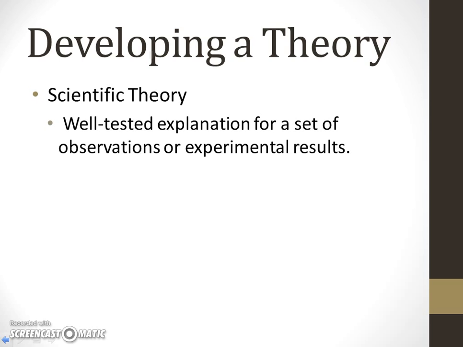You don't just test it once and if you're right, you move on to the next thing. It has to be tested hundreds upon thousands of times, just to double check your results. And it's not going to be just you testing it. Other scientists need to be able to test your experiment as well and come out with the same results.